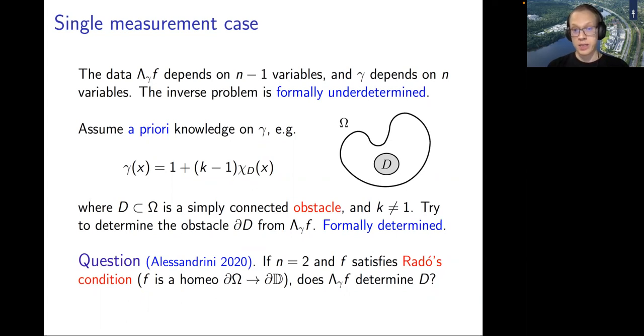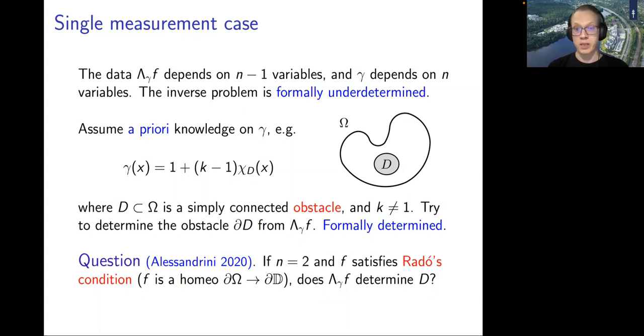It's asking: if n is equal to 2, and you have a well-chosen boundary data f, in particular f satisfies Radó's condition from the Radó-Kneser-Choquet theorem, so f is complex valued and it's a homeomorphism from the boundary of Ω onto the boundary of the unit disk, does a single measurement Λ_γ f determine the obstacle D?